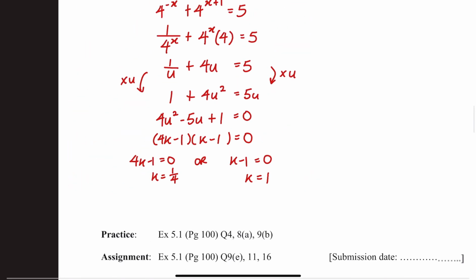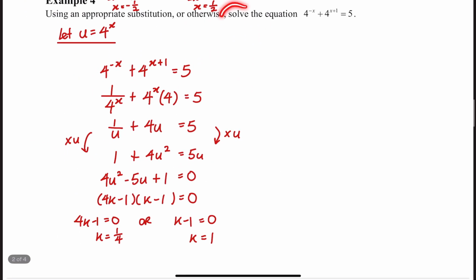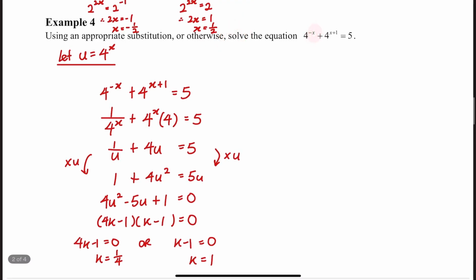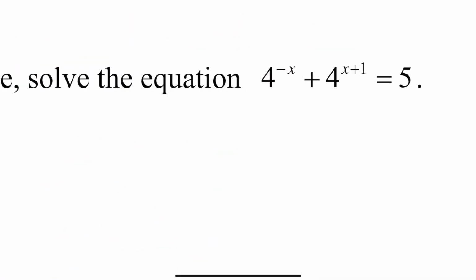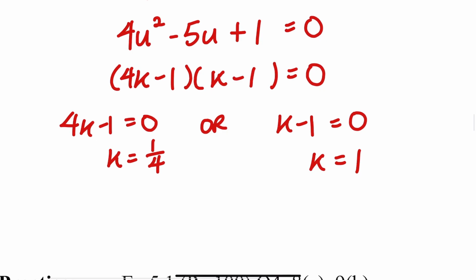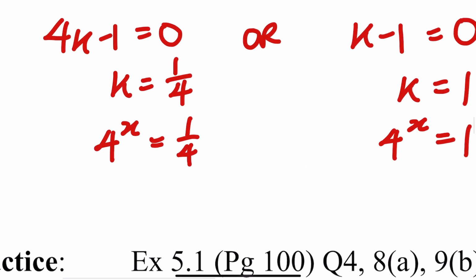But remember, the question here, solve this equation, means I want to find x, which is the unknown in the original equation. So by going back to this, 4 power x equals 1 over 4, or 4 power x equals 1. Over here, we make the same base: 1 over 4 is 4 power negative 1.